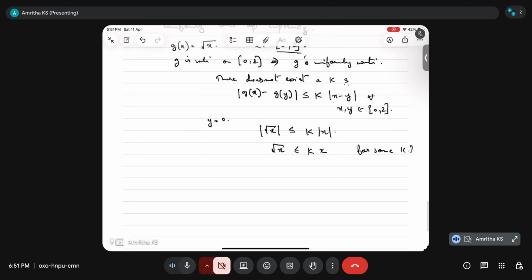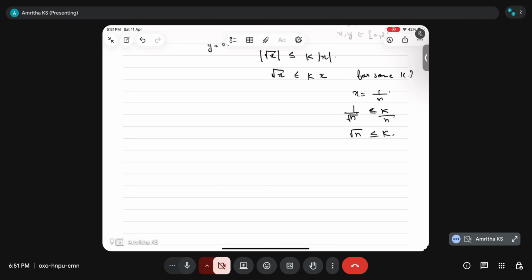If we take x to be 1 by n, then what do we see? This is root n less than or equal to some k times n, right? That means root n is less than or equal to k. But this is not possible, right? Because n is unbounded.